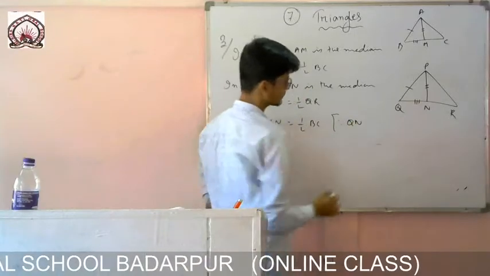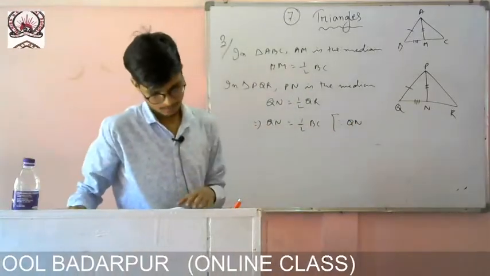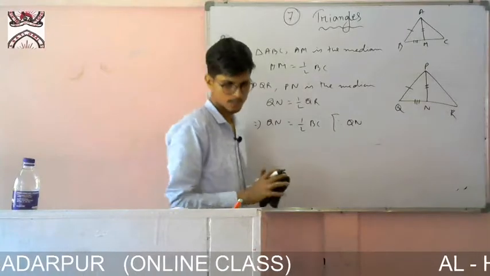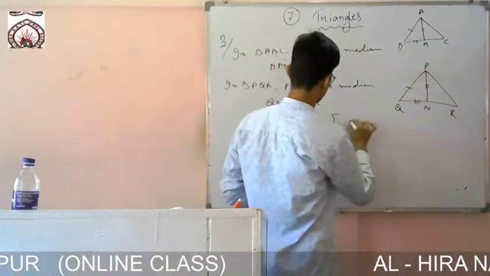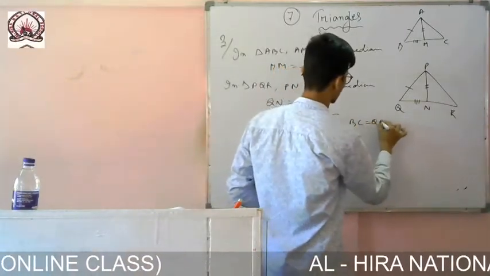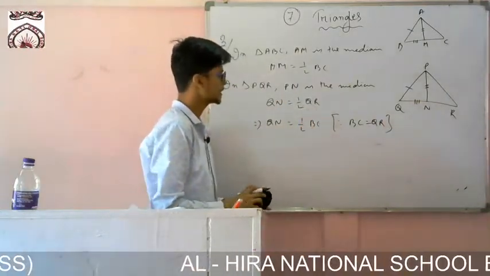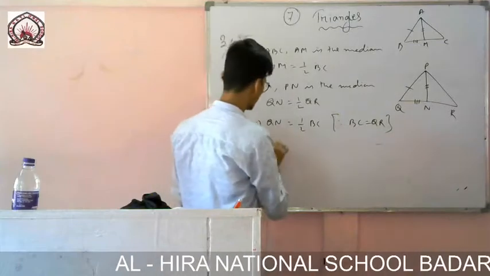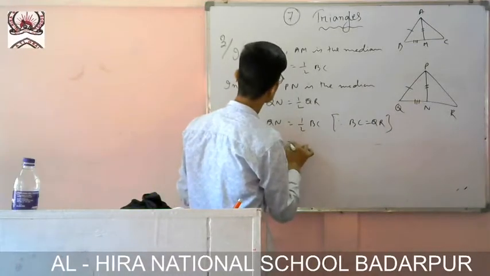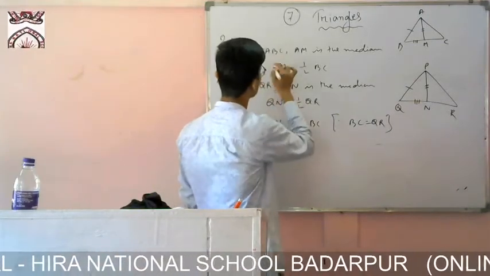Since BC is equal to QR, in place of QR I have written BC. So half of BC means QN is equal to, there I have written BM.